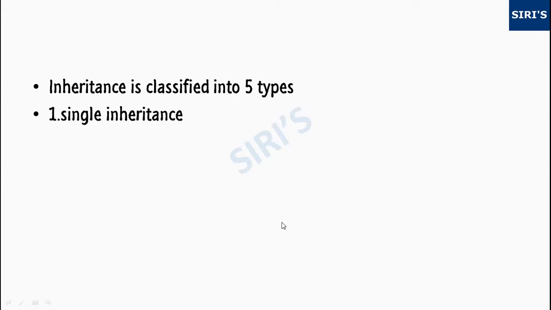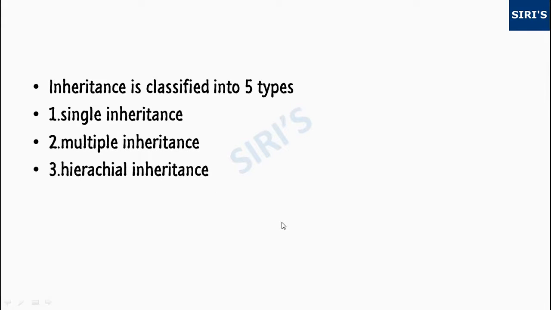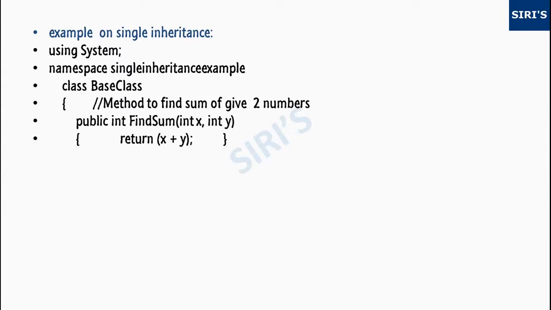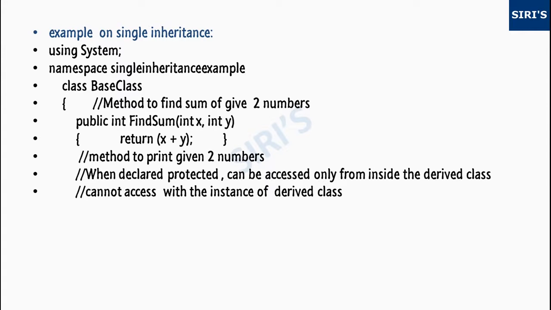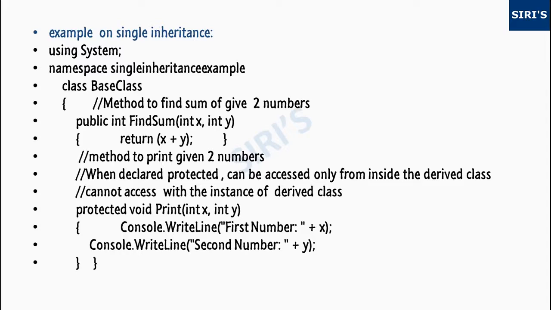Inheritance is classified into five types: single inheritance, multiple inheritance, hierarchical inheritance, multi-level inheritance and hybrid inheritance. Here is an example for single inheritance, which we have discussed before. It is also almost the same. In this, we declare the base class where we call a function method, and we will display the numbers as well.